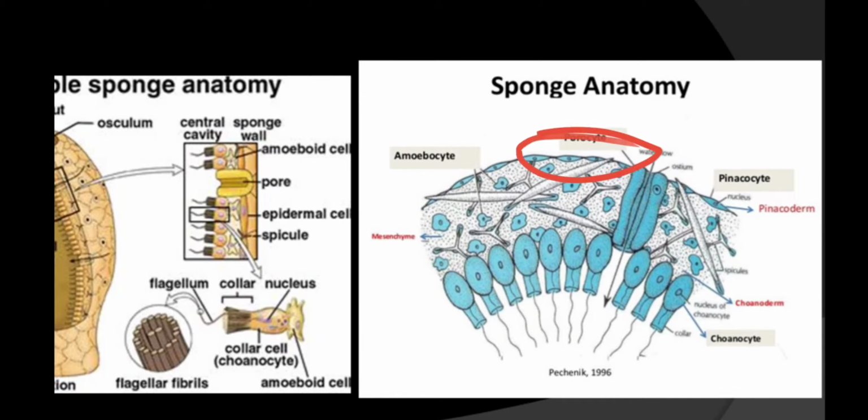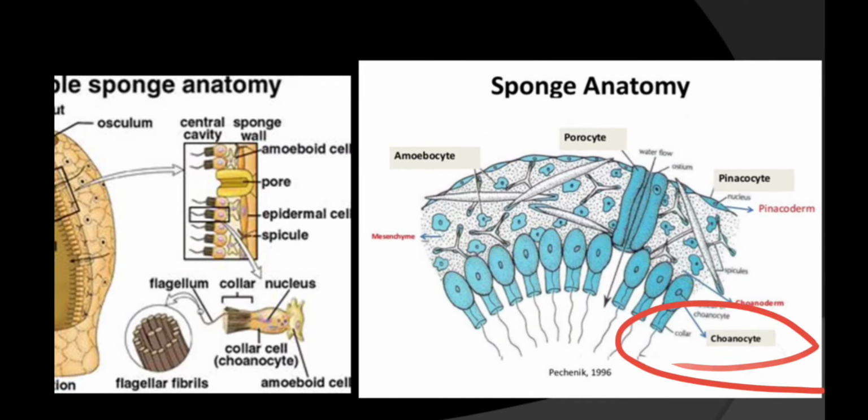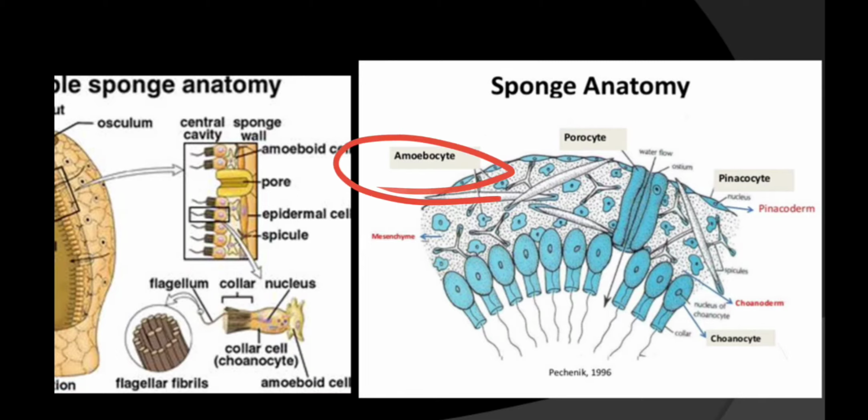Okay. So these are the cells which are present in the pinacoderm layer, pinacocyte and the porocyte. This one is the porocyte cell and these are the pinacocyte cells. Whereas in the choanoderm you will observe choanocyte cells. All these are the choanocyte cells. Right? And in the mesenchyme layer there are numerous amoebocyte cells.